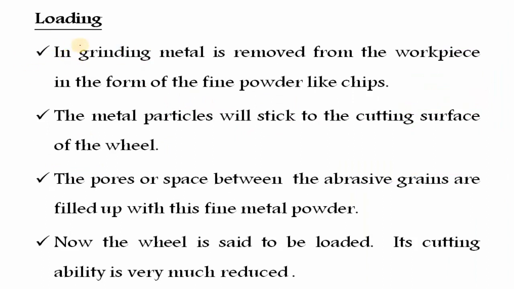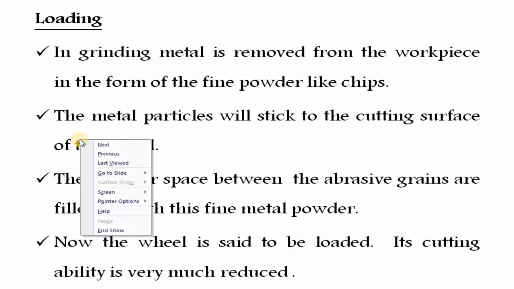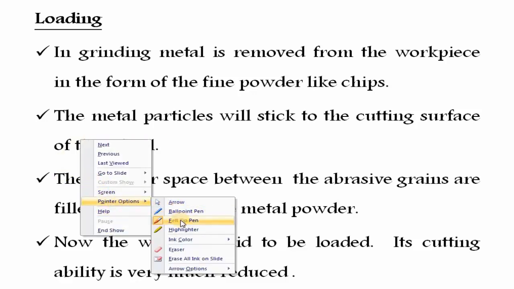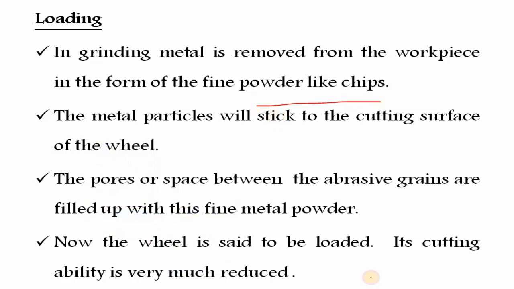Loading. In loading, metal is removed from the workpiece in the form of fine powder-like chips. If you use a very soft material and give a very low cutting speed, the chips occupy space in the grinding wheel.